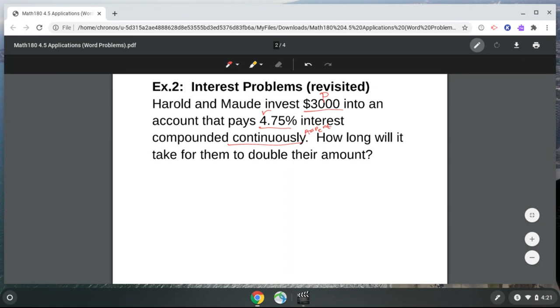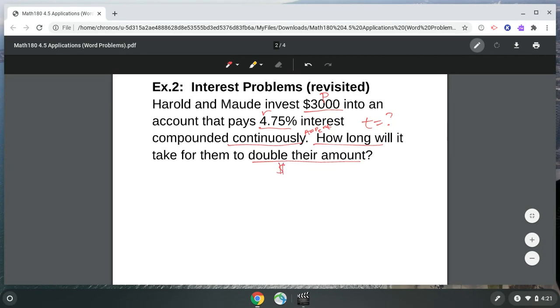Okay, how long? So that's t that we're trying to find. How long will it take for them to double their amount? Double their amount, so the final amount is going to be, well, if our initial amount is 3,000, then our final amount needs to be 6,000. Okay. All right, so let's take a look.